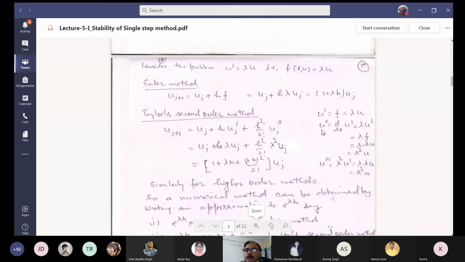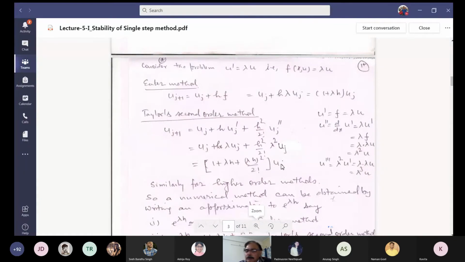So u double prime will be lambda square u. Similarly, you can check that for this f, u triple prime is lambda cube u. Put everything back into this, so this will become u j plus 1 equal to 1 plus lambda h plus lambda square h square by 2 factorial times u j, right?